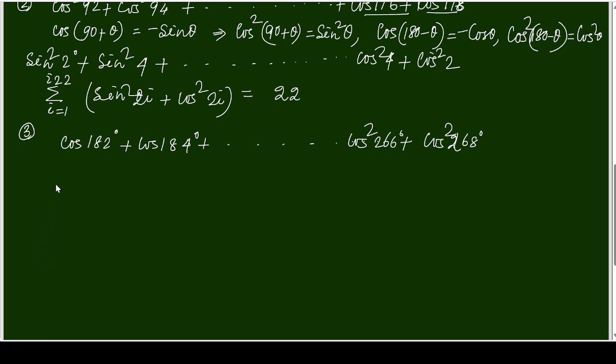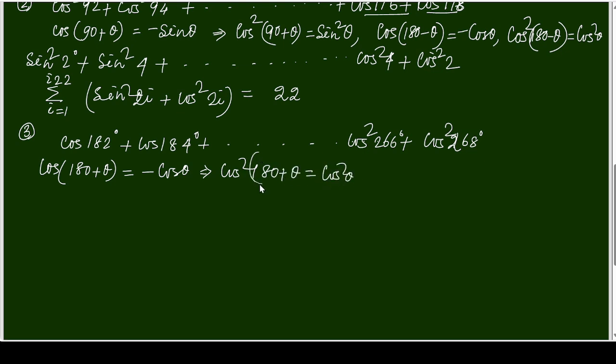So here I'll apply again cos 180 plus theta equals minus cos theta, and cos square 180 plus theta is equal to cos square theta.